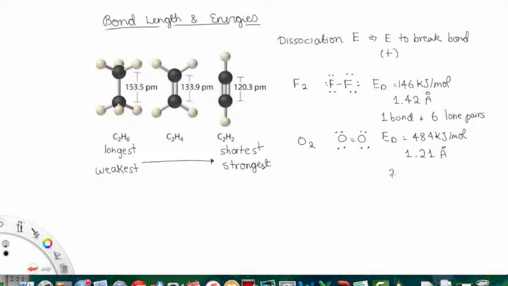Now we have 2 bonds and 4 lone pairs. As you can see, going from a single to a double bond, the dissociation energy significantly increased and the distance decreased, which follows the trend we just talked about with the hydrocarbons.